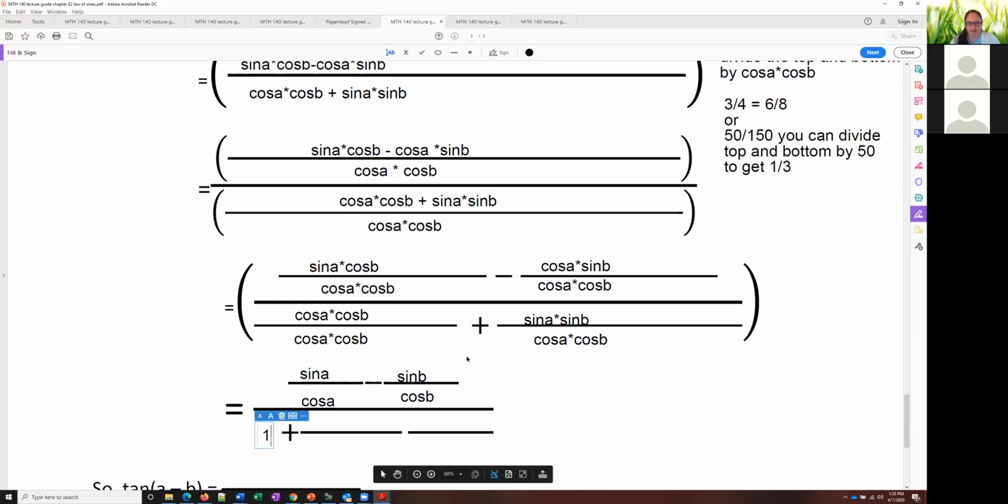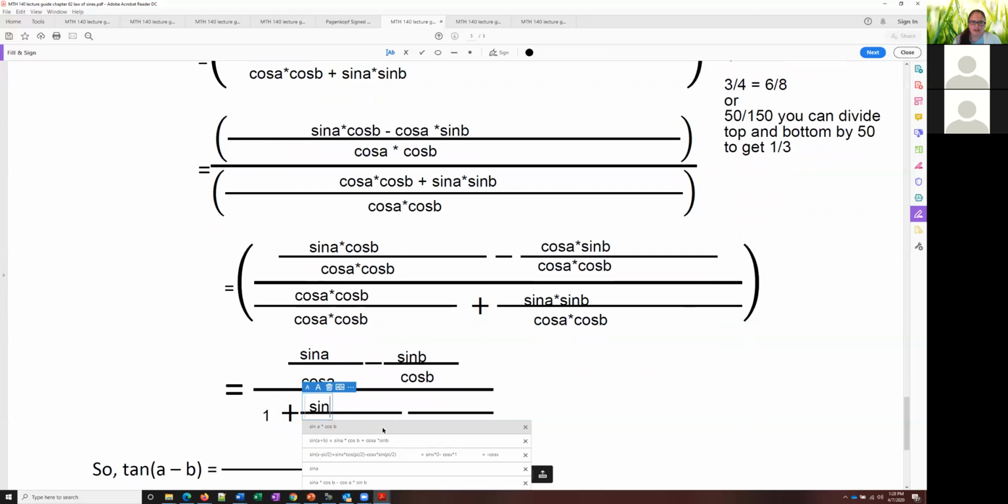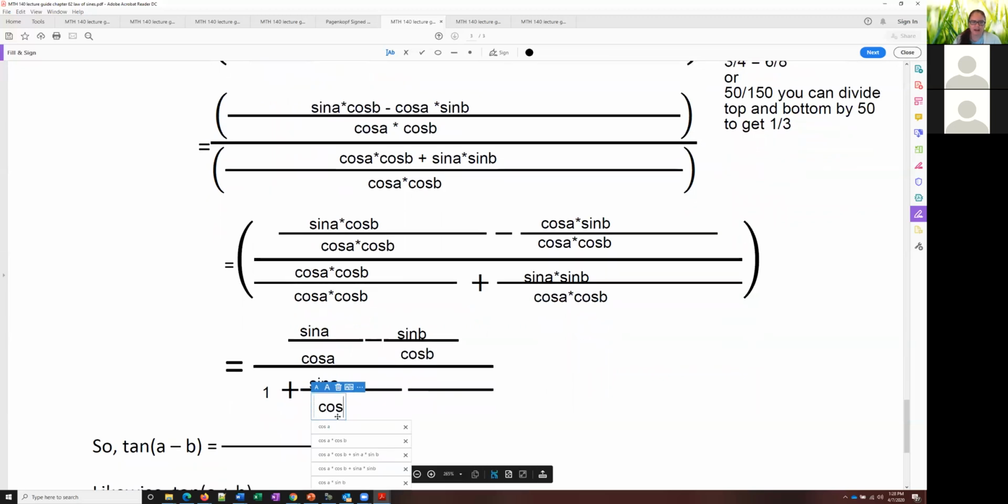I'm going to put a 1, right? When everything on the top cancels with everything on the bottom, you get a 1. And then on this side, I've got sine A over cosine A, and I've got sine B over cosine B.